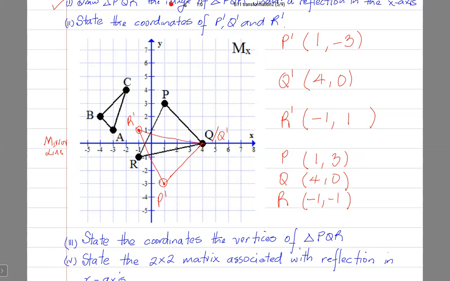All right. Excuse me, sir. Sir, yes. R prime is negative 1, negative 1 and positive 1, negative 1? No, R prime is negative 1, 1.